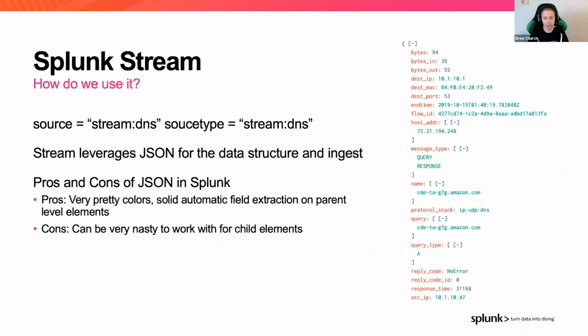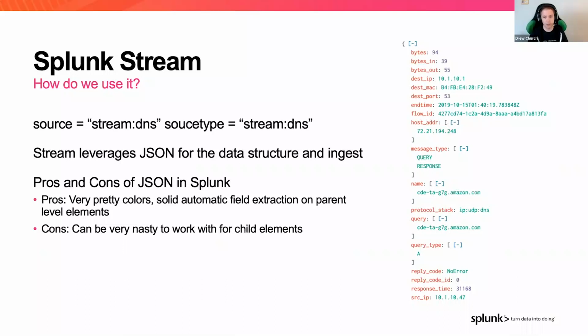From a data structure and ingest perspective, Stream feeds JSON to Splunk. I like JSON quite a bit. I also like our SOAR capability, Phantom. Everything it sends in and out is in JSON. I think JSON is one of the best data structures out there. JSON in Splunk, from a pros and cons perspective, on the pros, very pretty colors.